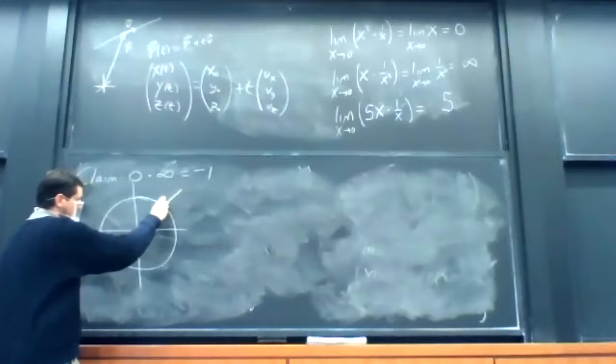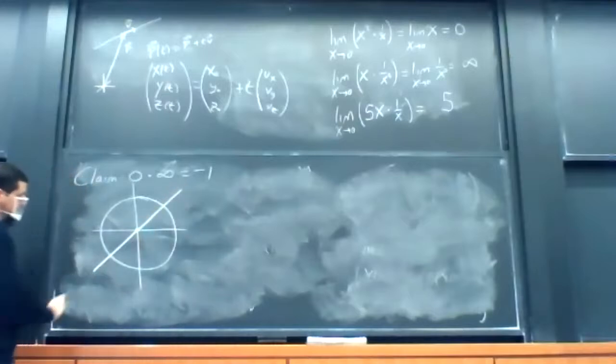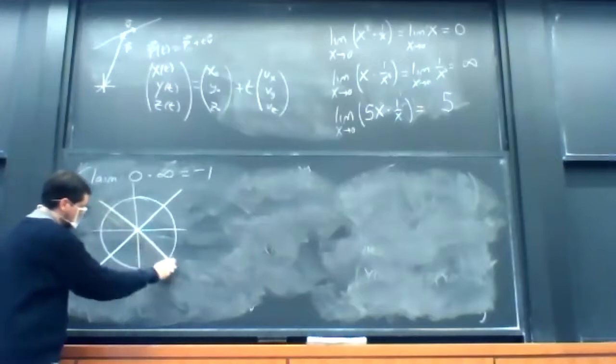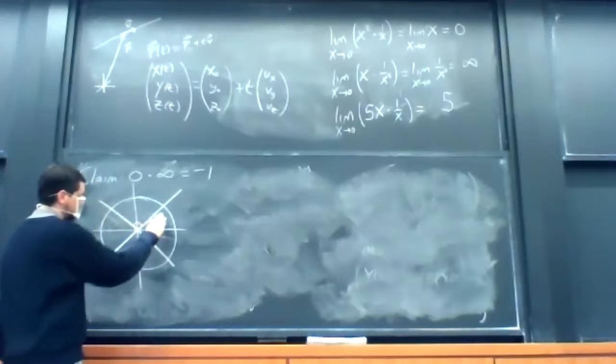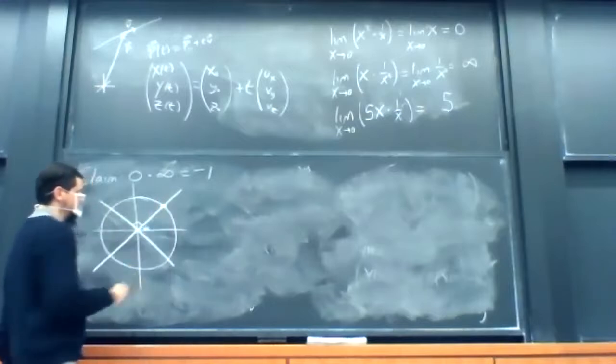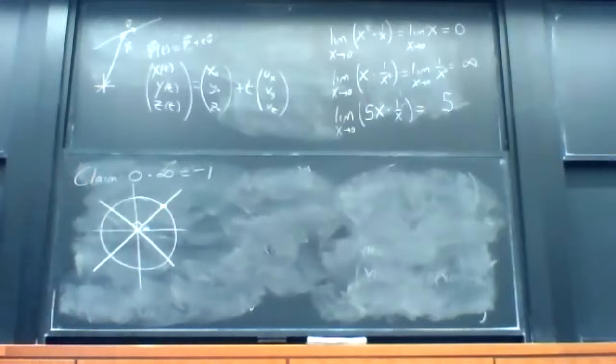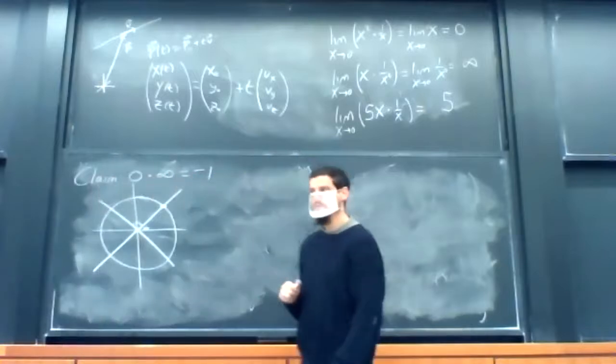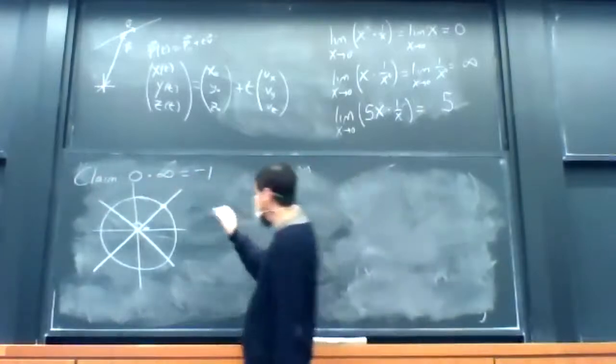So here is my first line. And I'm going to take a line that's perpendicular to it. I'm going to assume this is the right angle. So this is theta. What are the coordinates of this point? Cosine theta, sine theta.